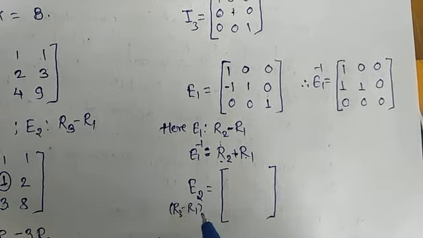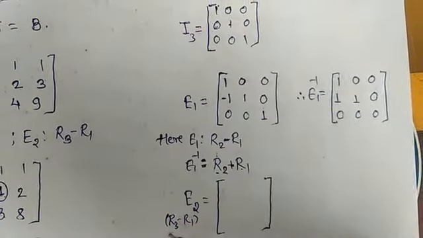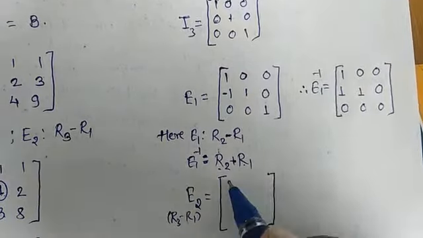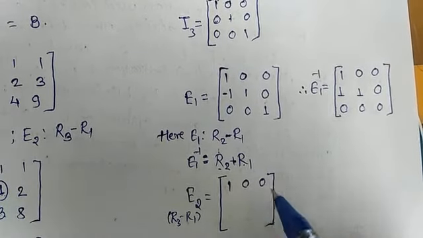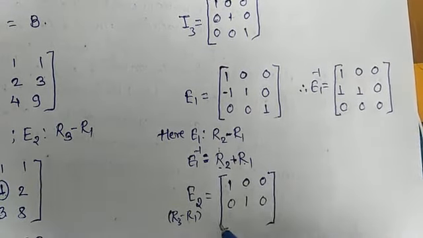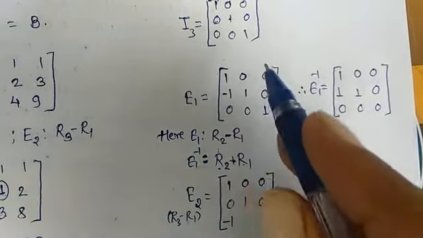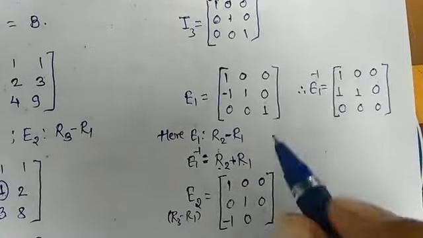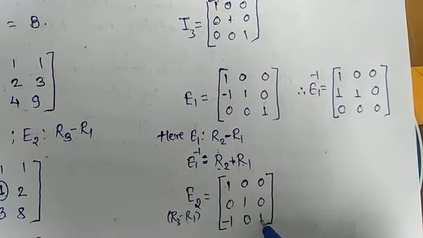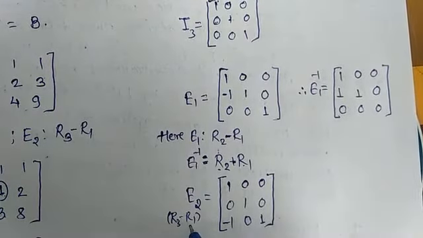On the identity matrix you apply R3 minus R1, so there will be a change at row 3. The first and second rows will be as it is, and at the third row there will be 0 minus 1, which is minus 1, 0 and 0, and 1 minus 0 will be 1. This is our E2, R3 minus R1.